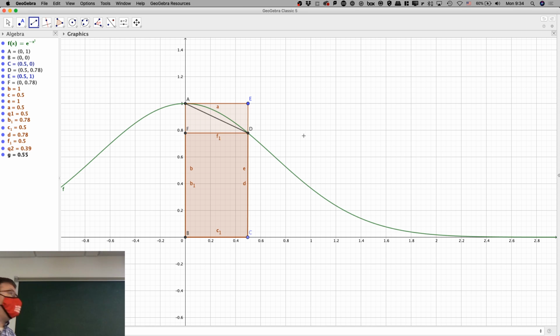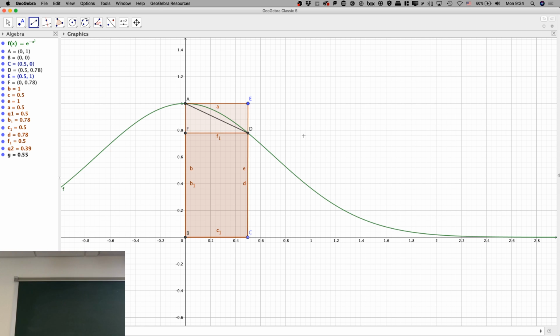Okay, because the area formula for the trapezoid is the base times the average of the heights. And so that's equivalent to just averaging the two rectangles' area. So does the trapezoid do better than either of the two rectangles individually, right?